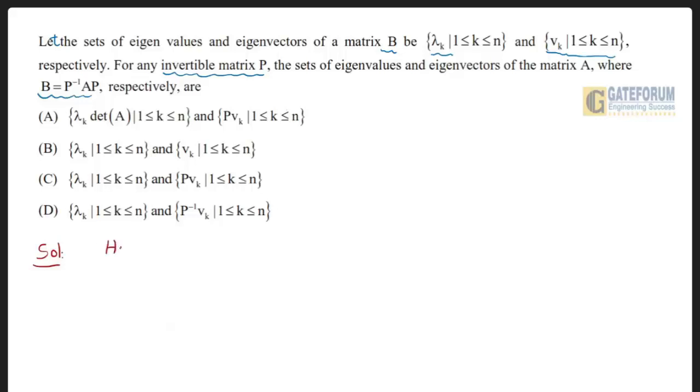Here, by the definition of similar matrices, A and B are similar matrices. A matrix B is said to be similar to another square matrix A of order n if there exists a non-singular matrix P such that B is equal to P inverse into A into P.